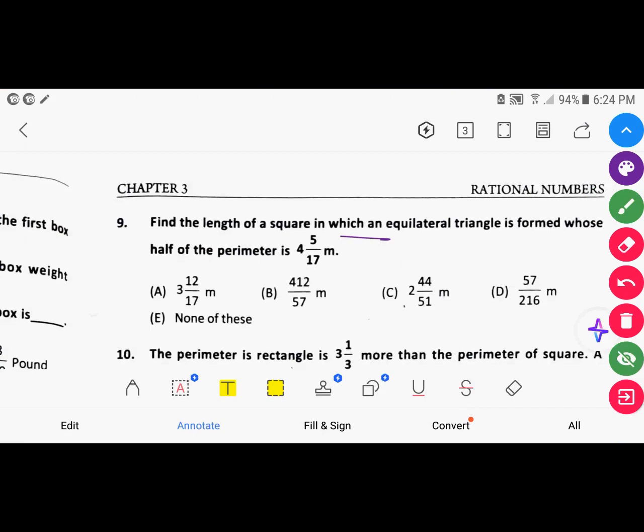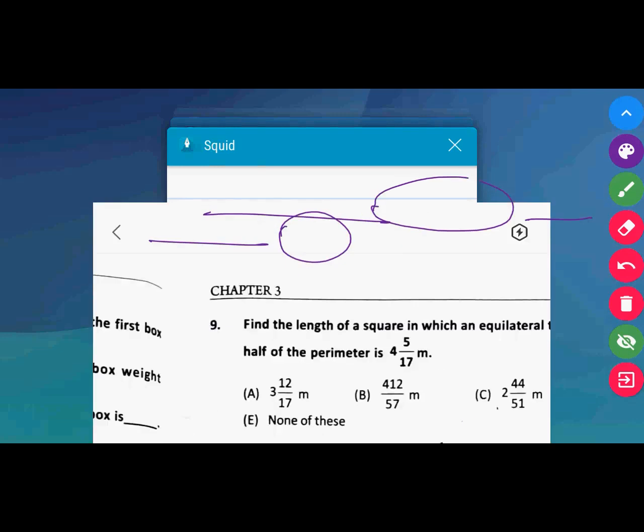Find the length of the square in which an equilateral triangle is formed and whose half of the perimeter is 4 5/17.